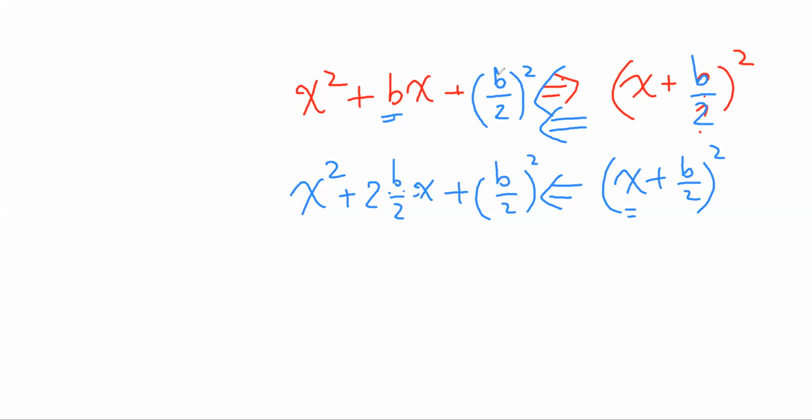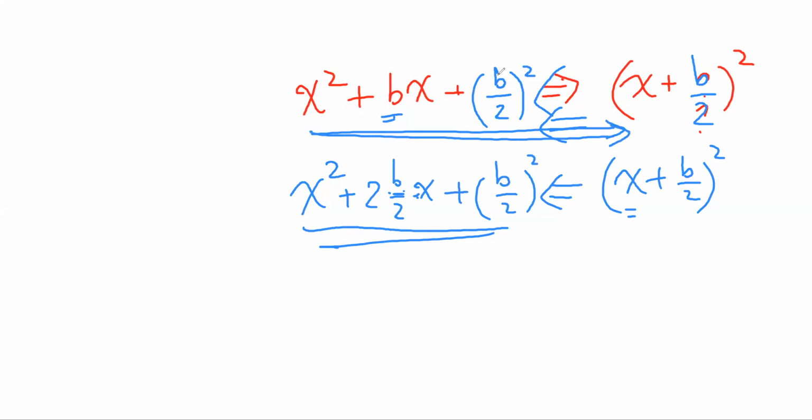See, they match up. So you need to go backward. Right now we want to go from left to right: only given these 2 terms, how do you find this one, so we can generate these kinds of perfect squares.